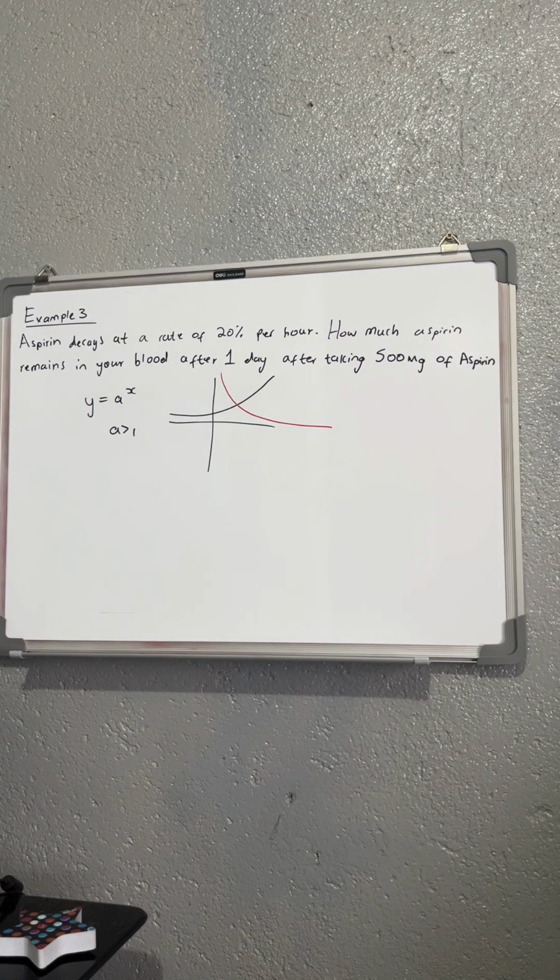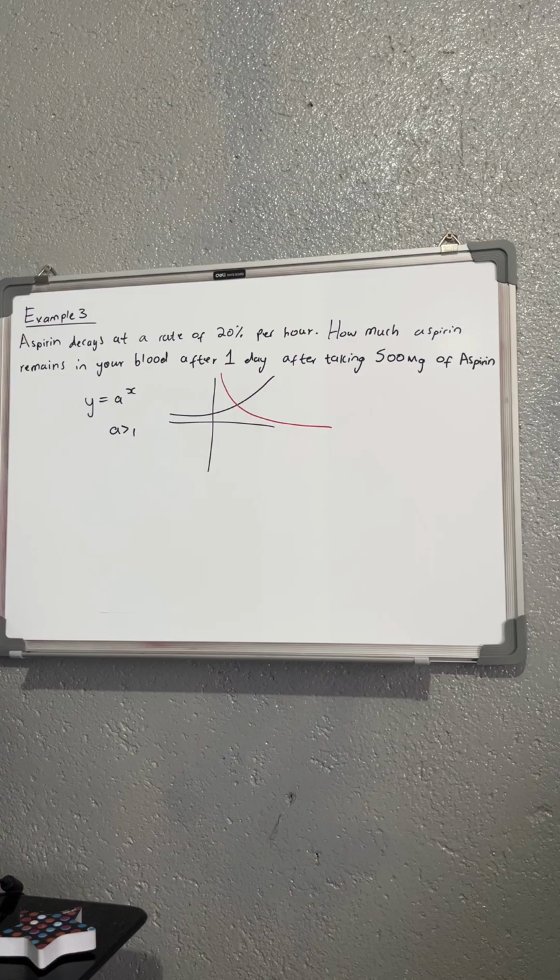So this would be when you're having a graph where a is less than 1. Now let's put it into context with regards to the types of examples that you're going to have.